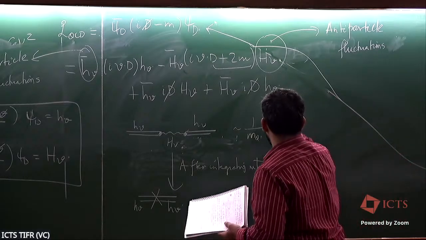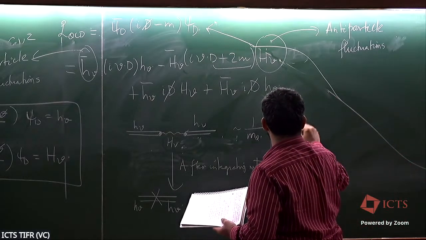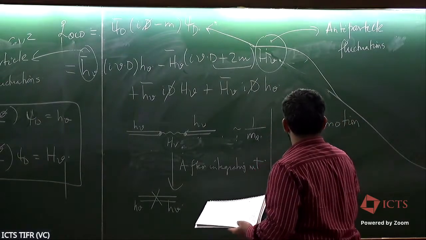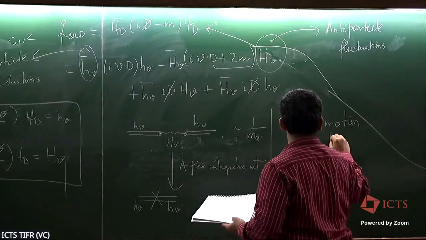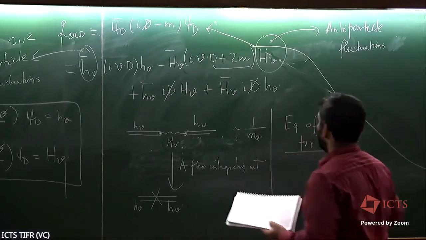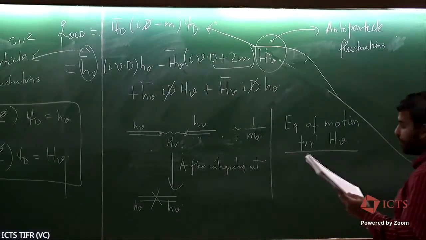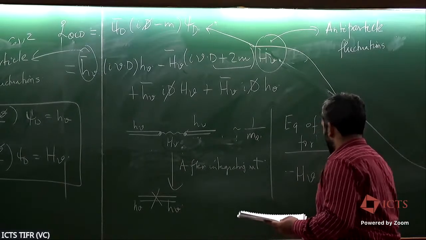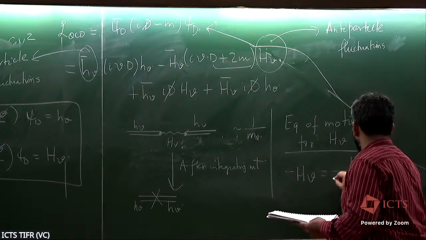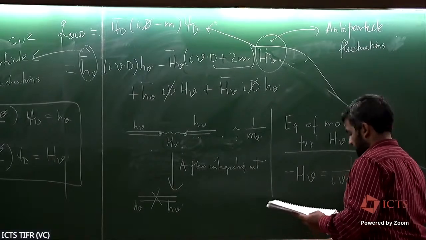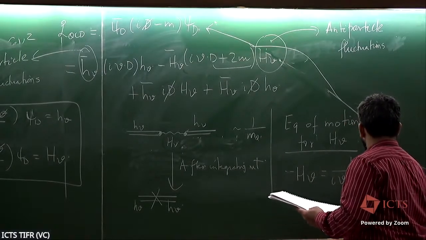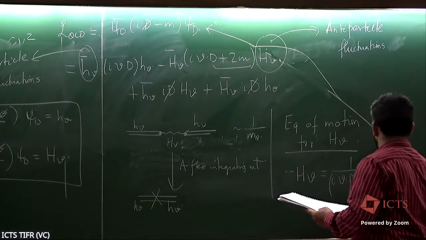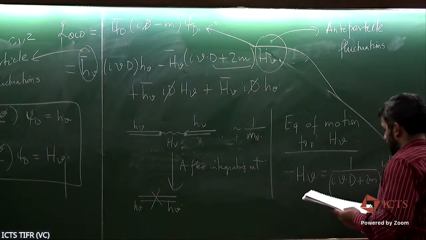So again, if I use my equation of motion for the heavy field, the heavy fluctuation HV, what we get is HV is 1 by d slash perp.